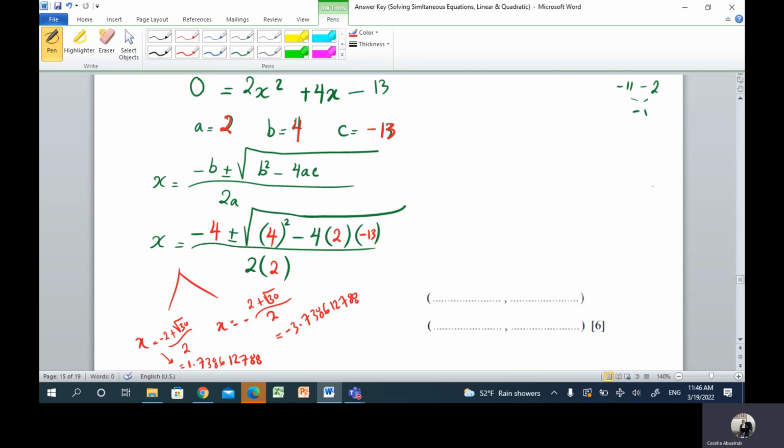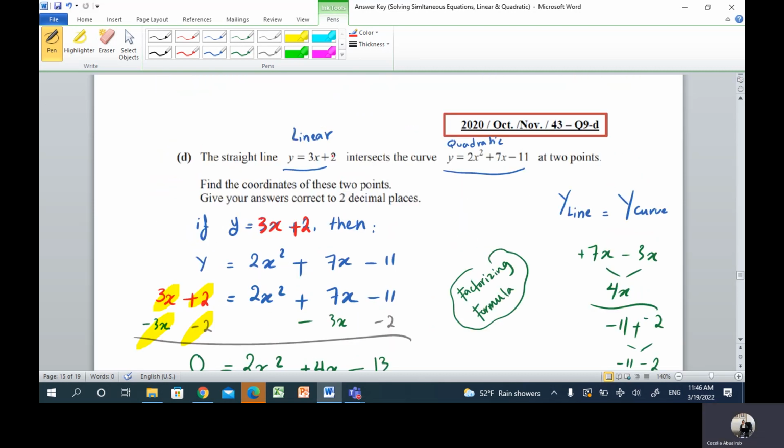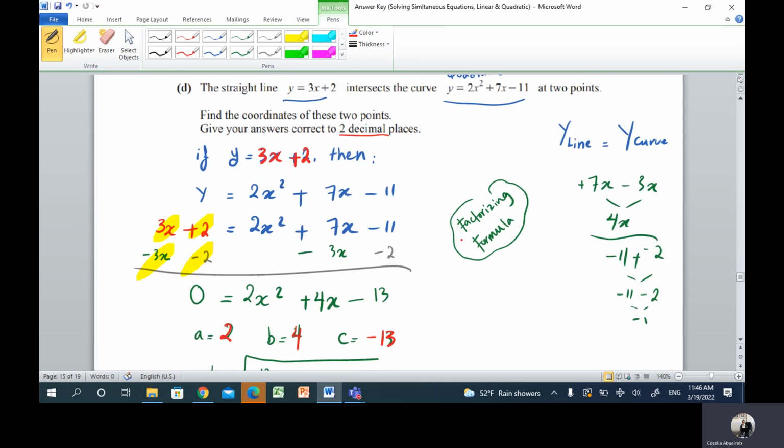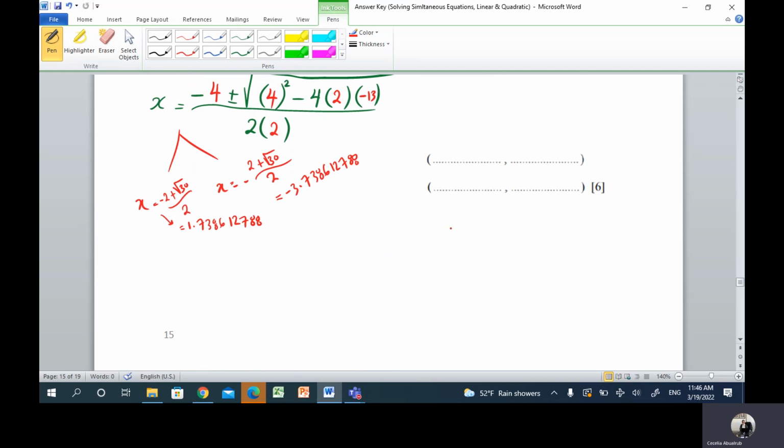So as you can see, they said put your answer correct to 2 decimal places, and accordingly the first x, it's 1.7 is the first decimal place, 3 is the second, and 3 is going to be upgraded up to 4 because what comes after 3 is 8.